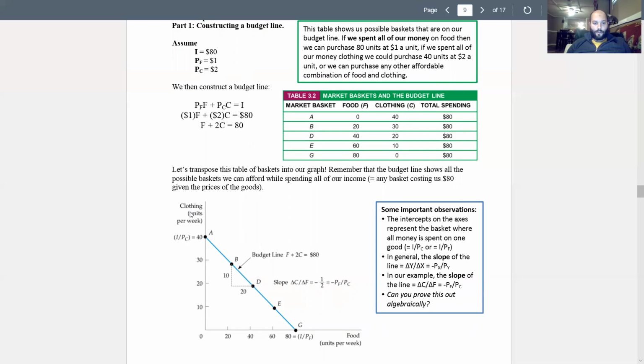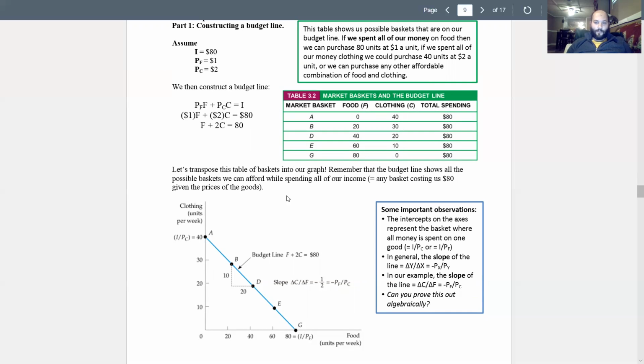And in order to graph it, we can ask ourselves, here's clothing on the y-axis. The y-intercept of this budget line is going to be a point at which we buy 0 food. If we only buy clothing, how much clothing can we buy? We have $80. The price of clothing is 2. So if we spend all of our money on clothing, we can buy 40 of them.